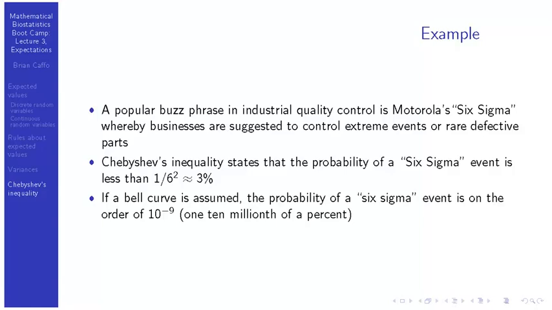If you know something about the distribution, for example, if you know it is a bell curve, then the probability of a 6 sigma event is on the order of 10 to the minus ninth, which I calculated as 1/10 millionth of a percent. So again, that doesn't violate Chebyshev's inequality, since 10 to the minus ninth is less than 0.03. But at any rate, that's what a 6 sigma event is.